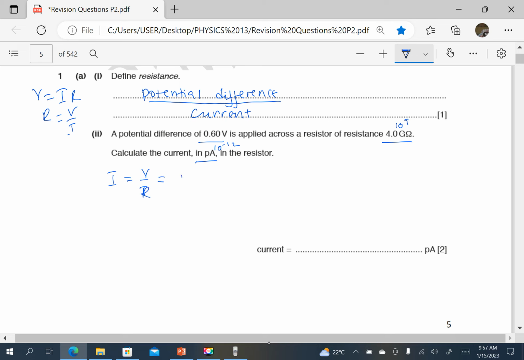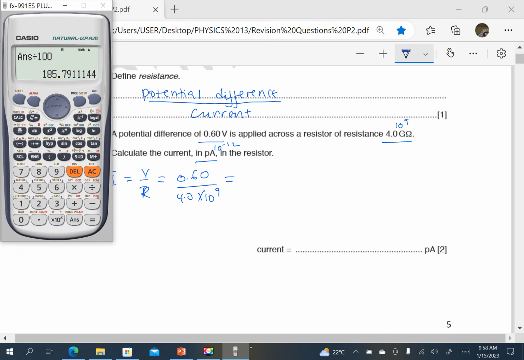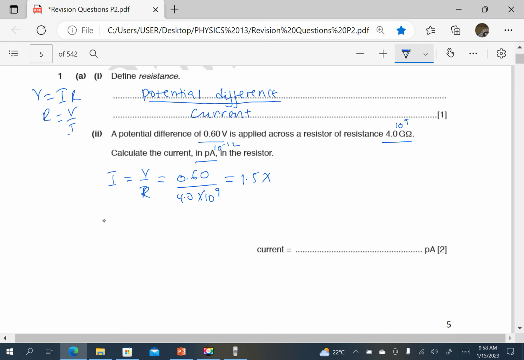So V is 0.60 and R is 4.0 times 10 power 9 to change it to ohms rather than giga. And if I check my calculator, 0.6 divided by 4 times 10 power 9. So this is 1.5 times 10 power negative 10 in amperes. But we want the answer in pico, so we are going to divide by 10 power negative 12.